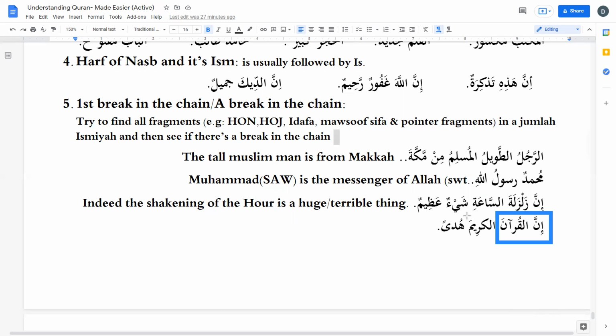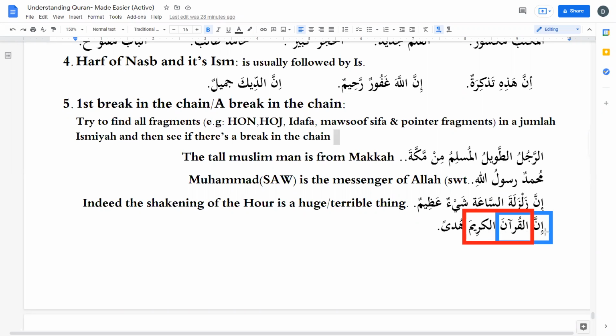Yes, Quran al-Karima. Which fragment? Qur'ana, nasab. Yes, Mawsuf Sifa. So 4 properties are matching. So this is Mawsuf Sifa over here. In the previous sentence, it was mudaf ilayh with inna. Over here, inna, harf of nasb, and then it's sifa.